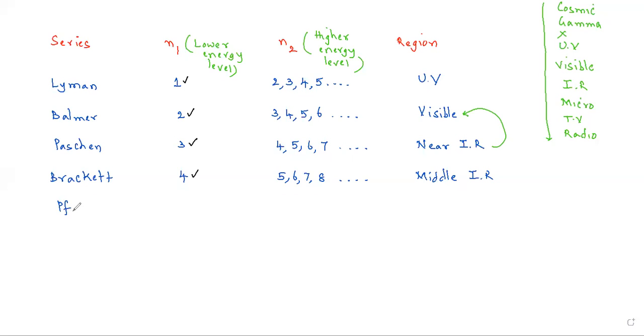Then there is the Pfund series. Here the lower energy level is 5 and the higher energy level can be anything greater than 5. And this you can say is far IR. Far IR in the sense which is far away from visible with respect to visibility.